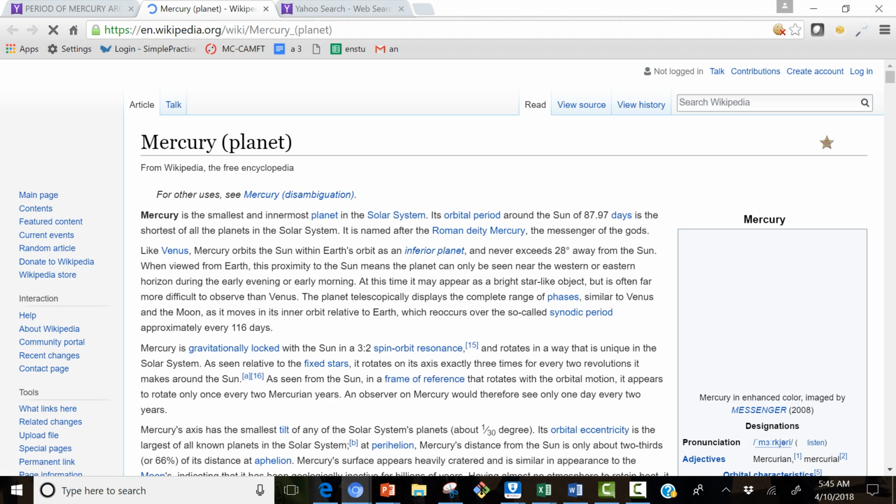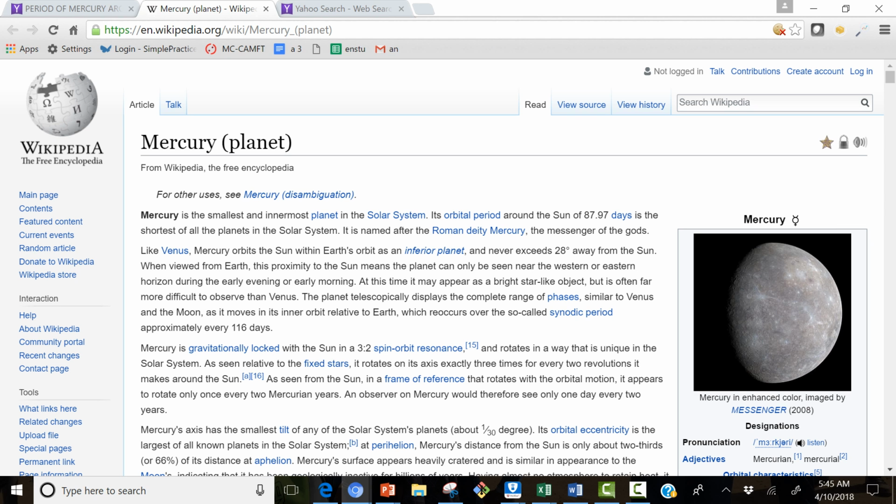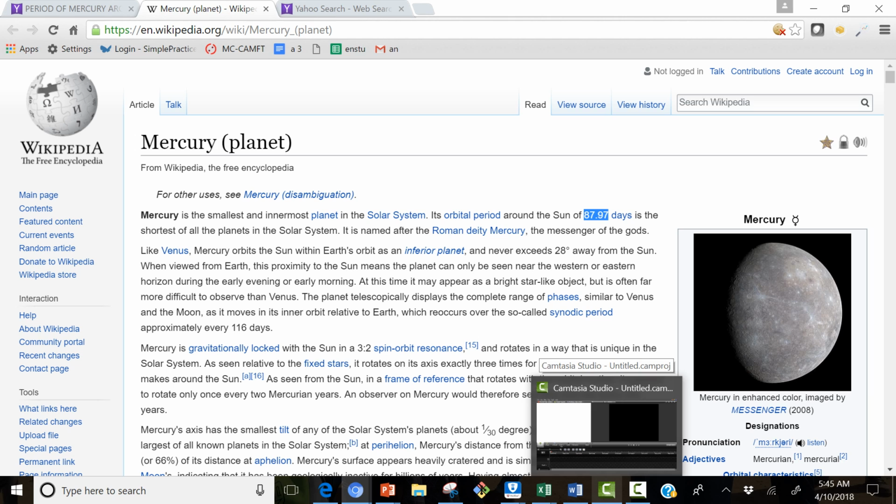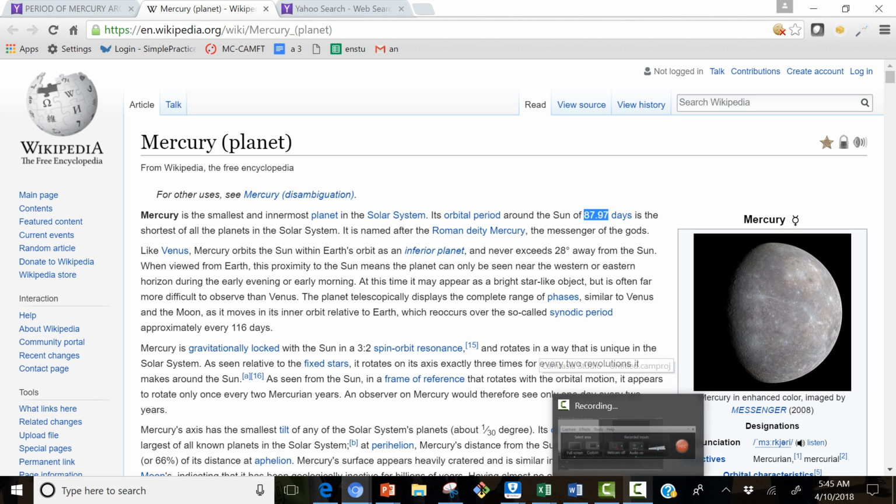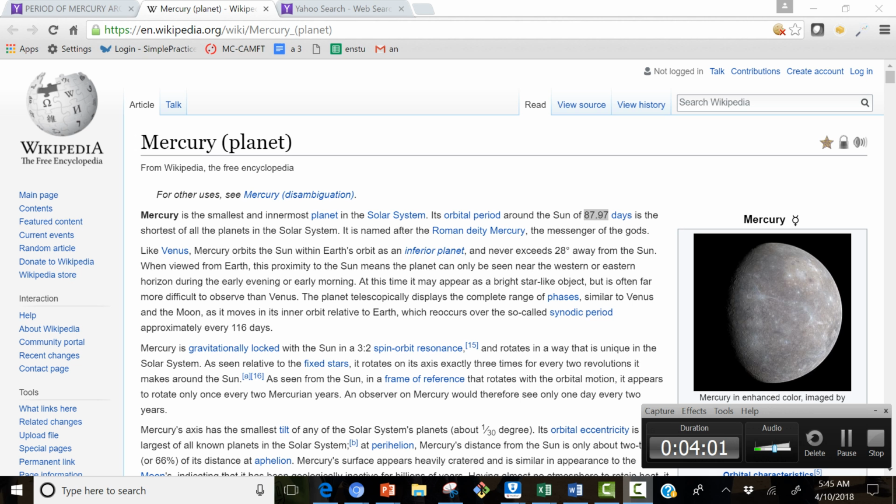And it looks like Mercury takes about 87.97 days to get around the sun. So Mercury only takes about 3 months to get around the sun once. That's why it moves very quickly. That's why it's rather difficult to see, even though it's not as far as some of the other planets.